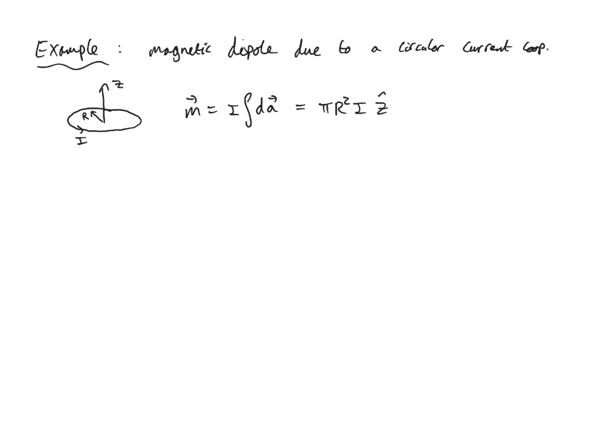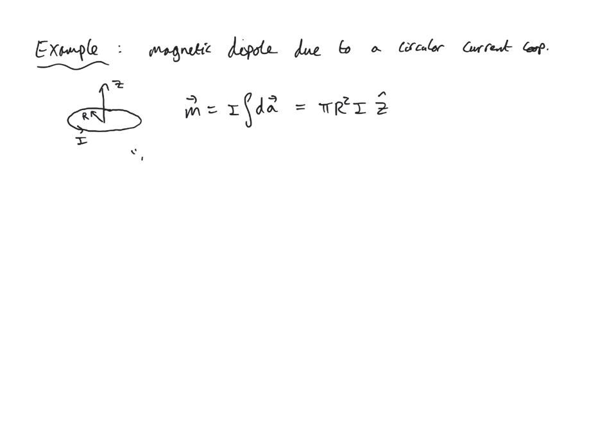And the only thing I can think of is a distance r away that's large in comparison to the internal dimensions of this object, meaning the radius of the current loop. I can't say far away unless I say with respect to what it is far away. I could say it's greater than 1, but what units am I using? So the units have to be the units of the internal dimensions of this thing.